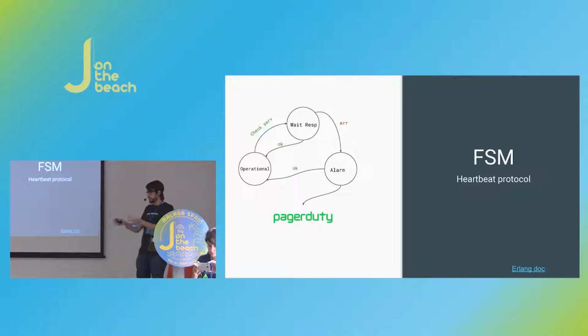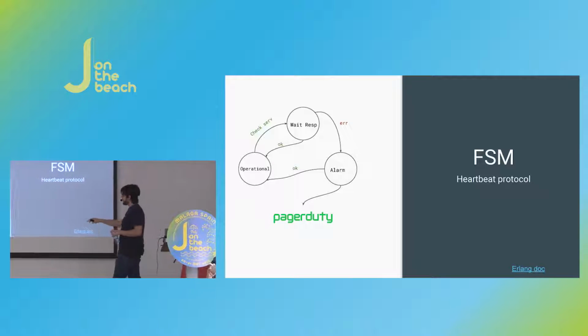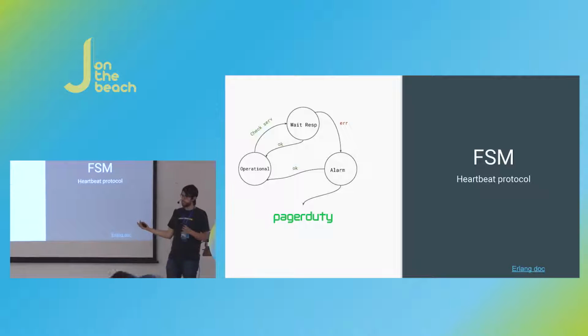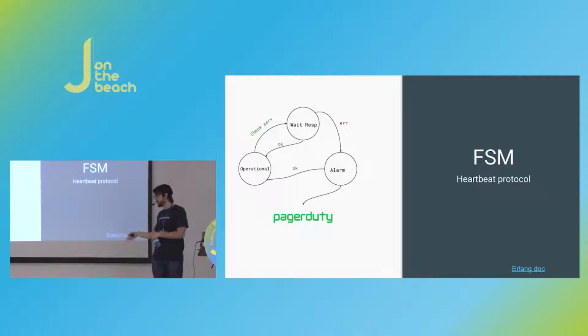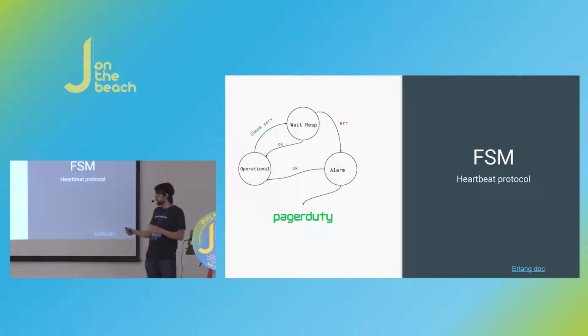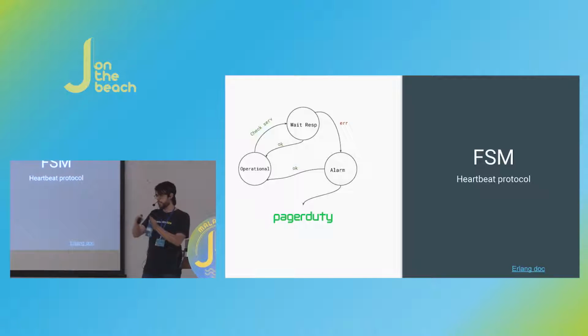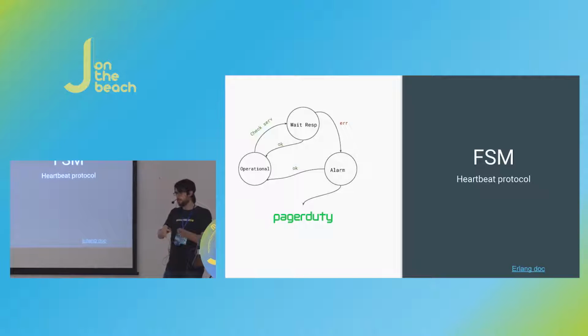We can model that as a finite state machine. We have an initial state that is operational. It's a simplified version. Depending on the messages that we receive, we can change the behavior, we can change the state of the finite state machine.